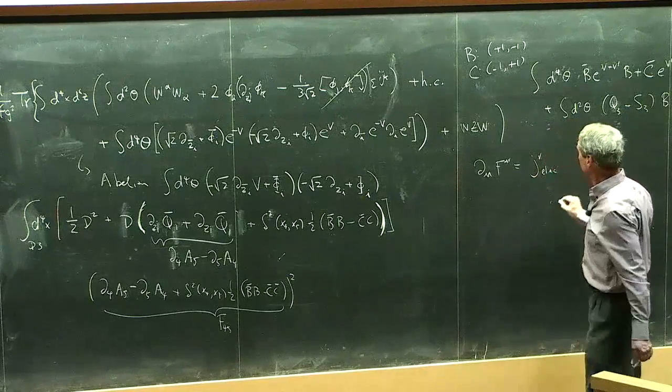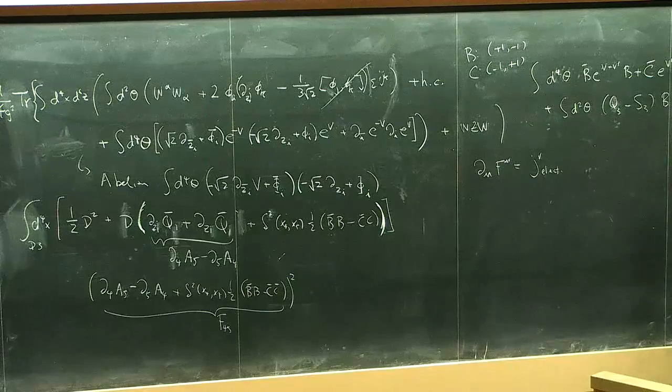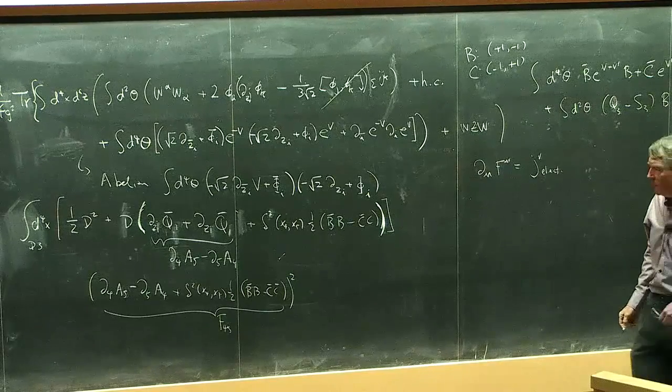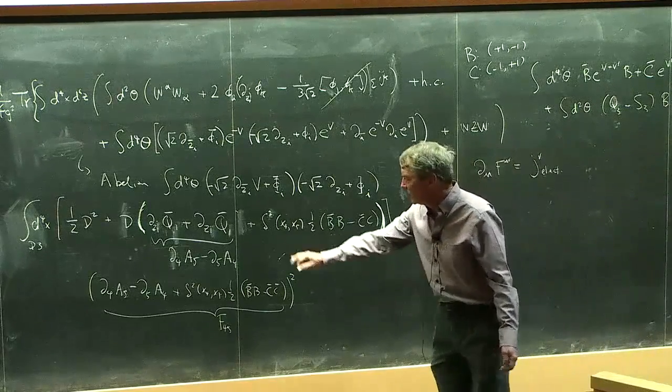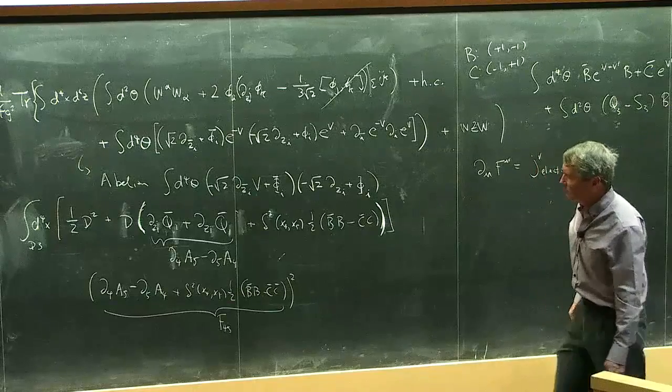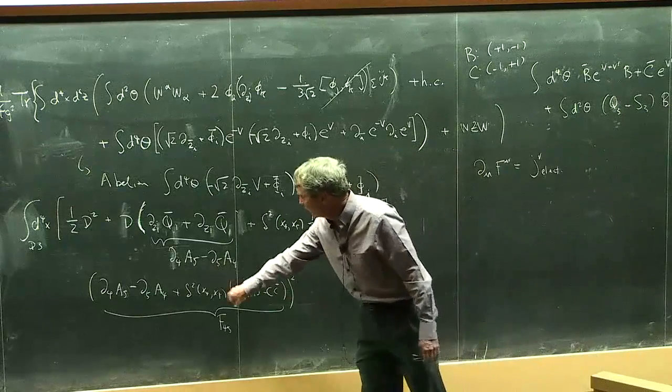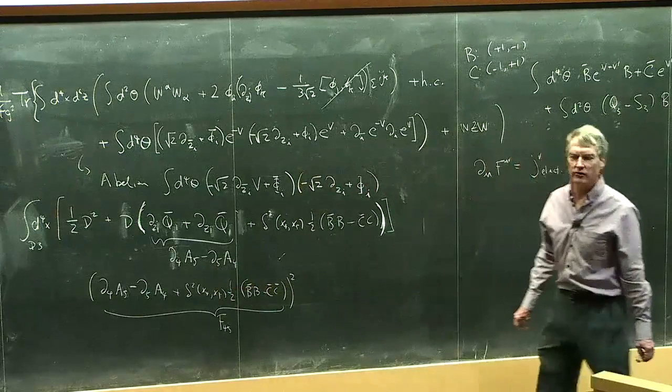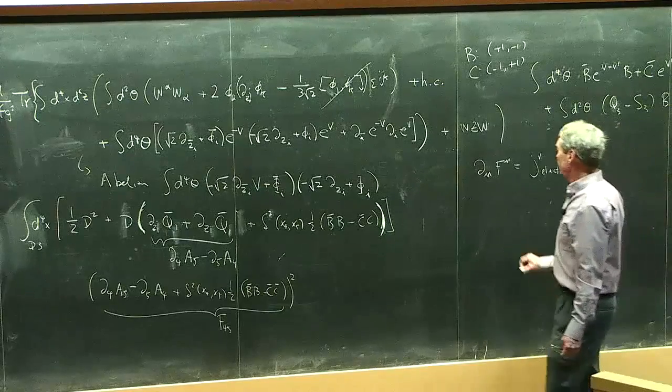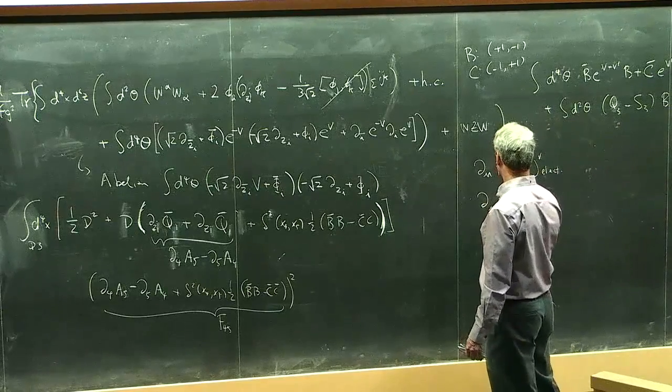So that's the appropriate way to define the gauge field. But now you see that the gauge field strength is no longer a pure curl. It has this non-curl piece. And so the Bianchi identity is no longer trivial.